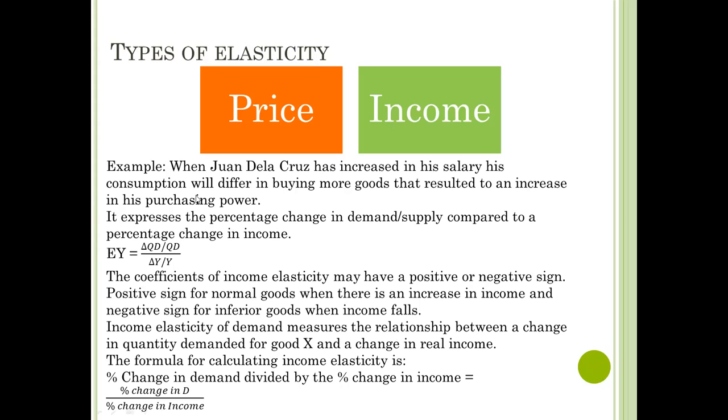The coefficients of income elasticity may have a positive or negative sign: a positive sign for normal goods when there is an increase in income, and a negative sign for inferior goods when income falls. Income elasticity of demand measures the relationship between a change in quantity demanded for a good and a change in real income.